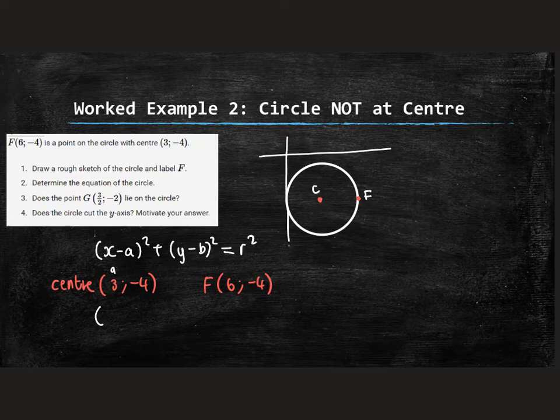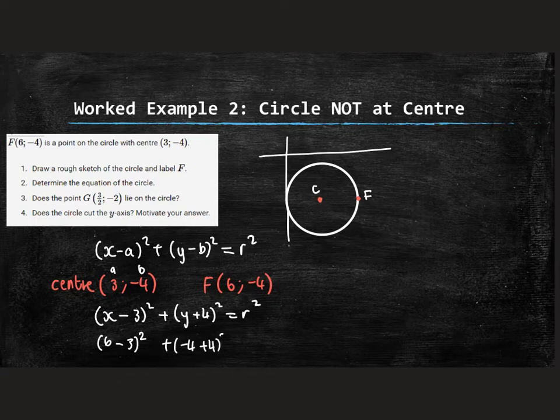So if this is a and this is b, we know that (x − 3)² and (y − (−4)), which is y + 4, all squared, must equal r². So we have our center. We now need to work out our radius, and we can plug in (6, −4). So again, (6 − 3)² + (−4 + 4)² = r².